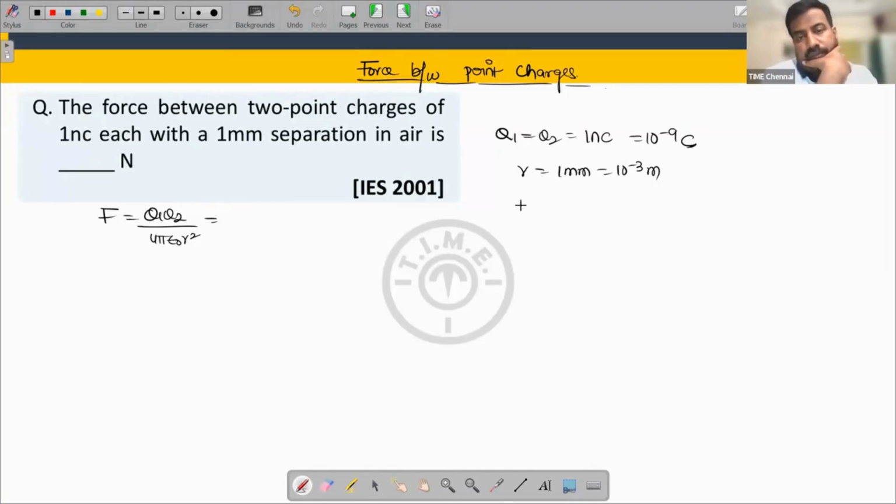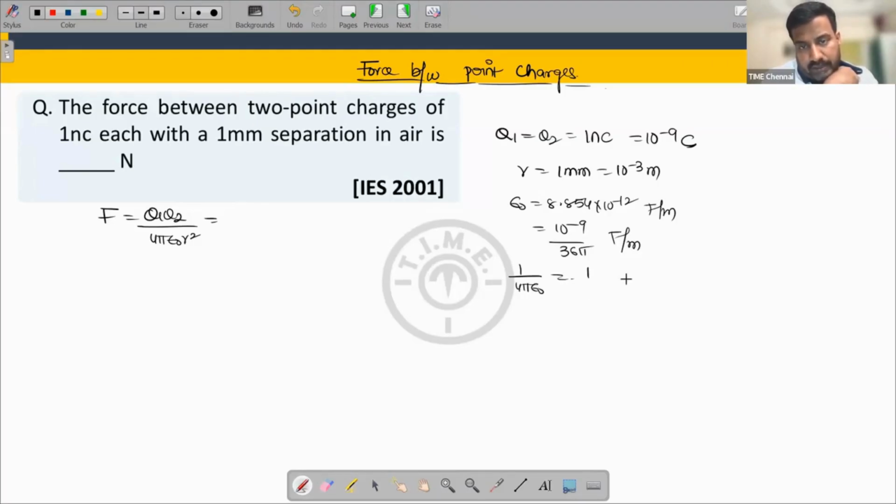Now substitute: epsilon naught is 8.854 into 10 power minus 12 farad per meter, that is 10 power minus 9 by 36 pi farad per meter. This gives 1 by 4 pi epsilon naught as 9 into 10 power 9 meter per farad.